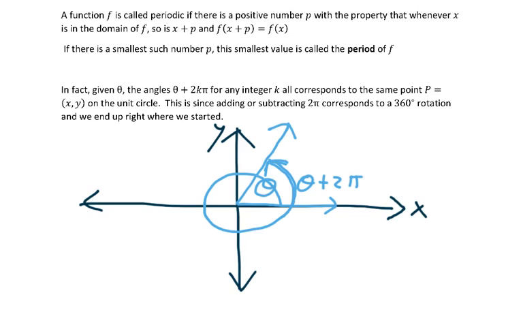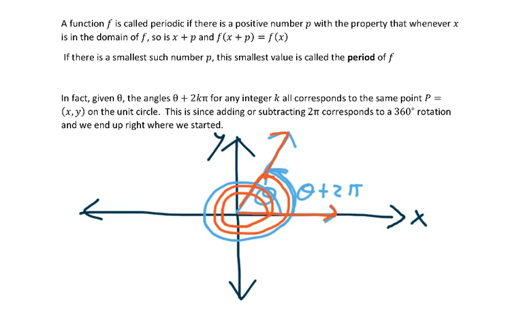So from theta plus 2 pi, let me draw this in a different color now. If I were to draw theta plus 4 pi in standard position, what's going to happen now? Well, I'm going to do one full rotation, another full rotation, and again, I'm going to end up with the same terminal side.